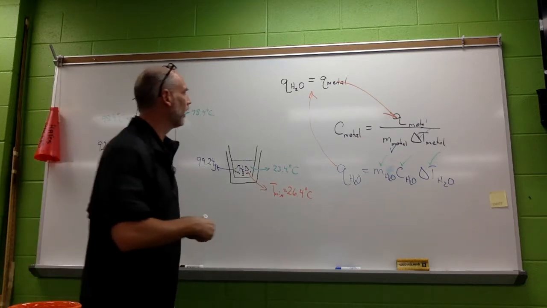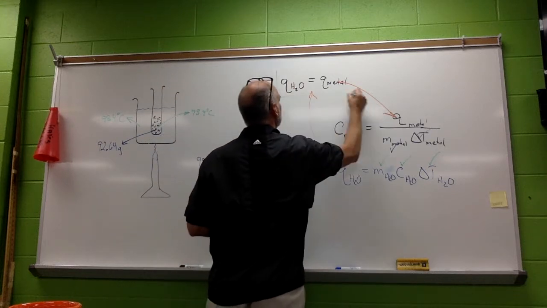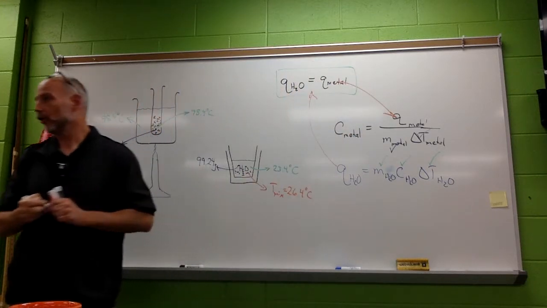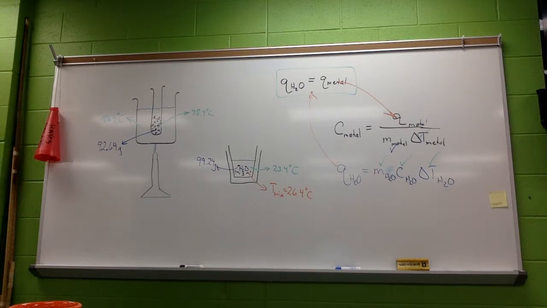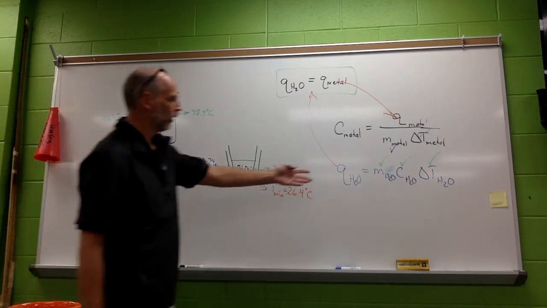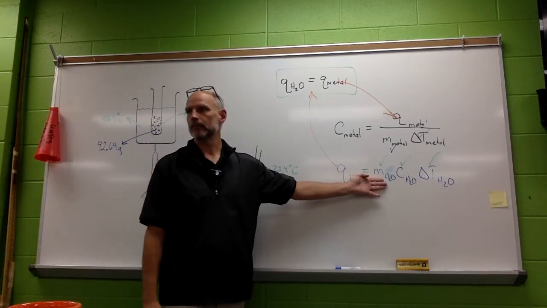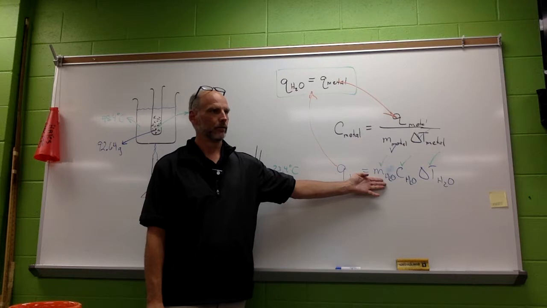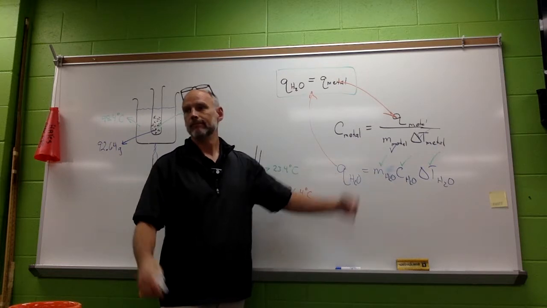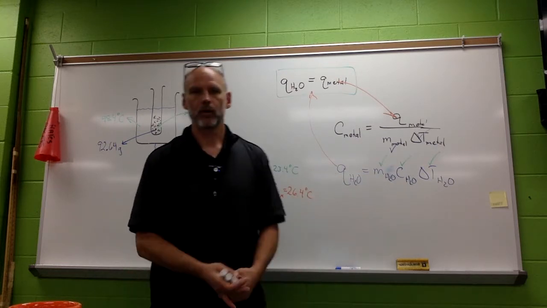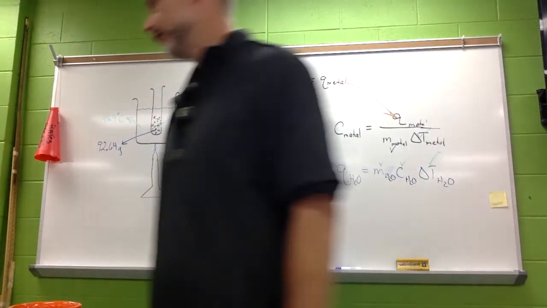And the key to the whole thing is right here. We're assuming that we get that transferred over quickly enough so that all of the energy that the metal loses goes straight to the water, and then all we have to do is figure out how much energy the water had. And that's what's going on in question number 5 here.